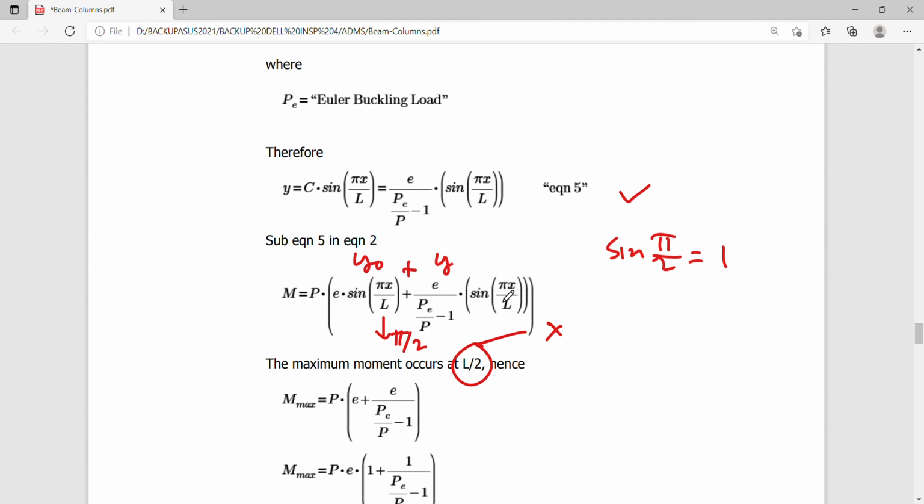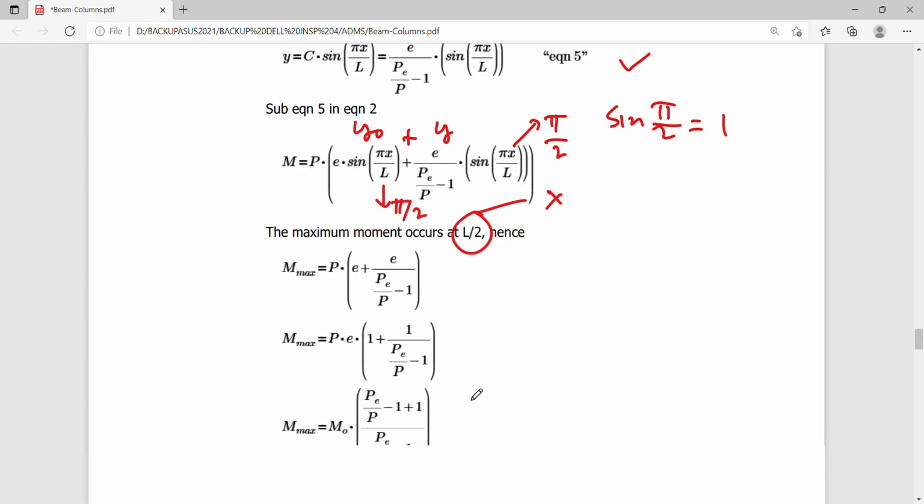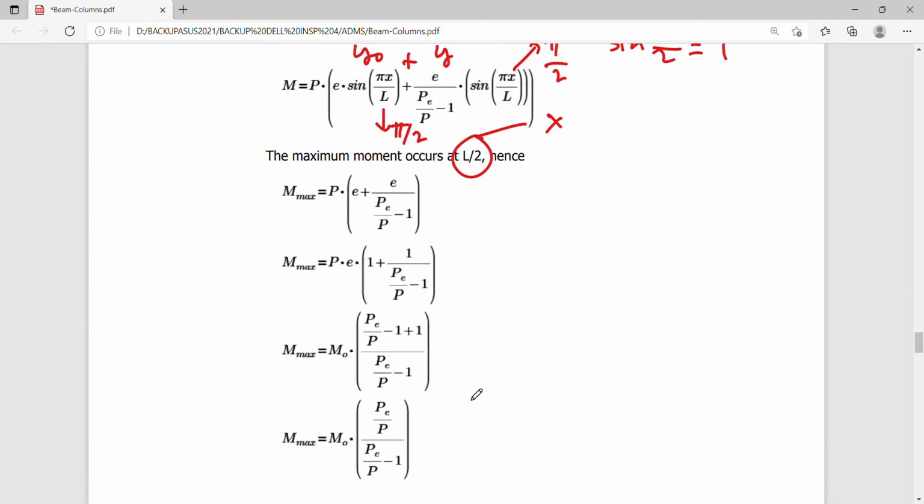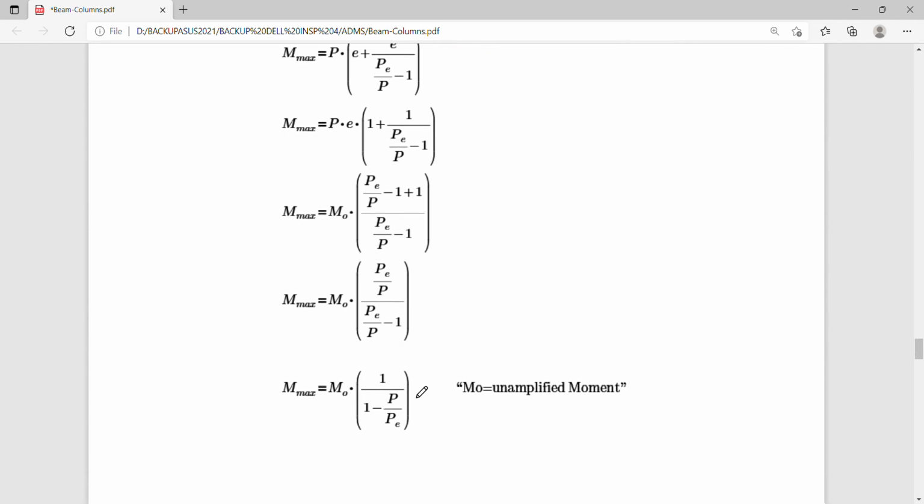And also here, when we substitute pi over 2 here, the sine is also 1. So this now becomes e plus e over p minus 1. Then at the point of maximum location, the moment by simplification will yield to this.